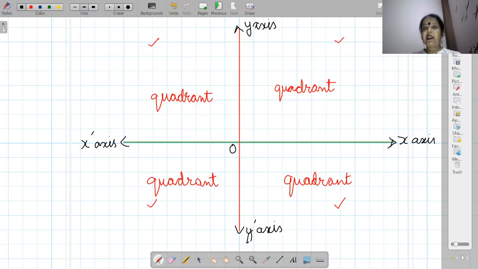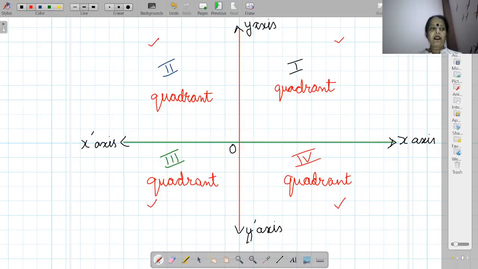While naming, look here: X, O, Y is your first quadrant. Now you go anti-clockwise. This is your second quadrant. Then anti-clockwise, this is your third quadrant. And this one is your fourth quadrant.